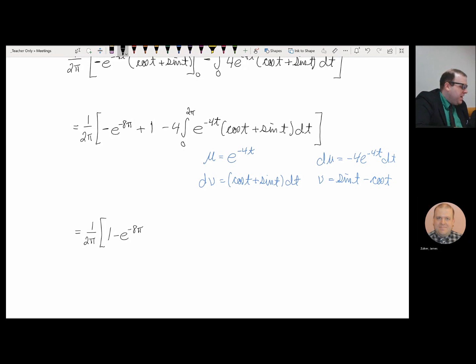Rewrite that as 1 minus e to the negative 8 pi minus 4 times mu nu evaluated from 0 to 2 pi, minus, we're going to have minus a negative, which is nice.